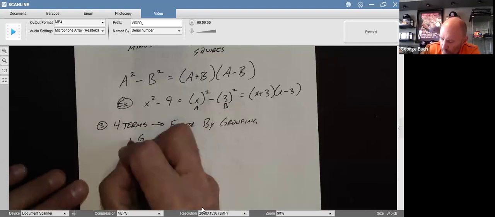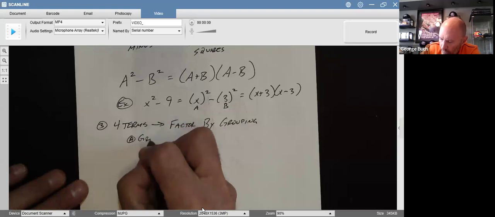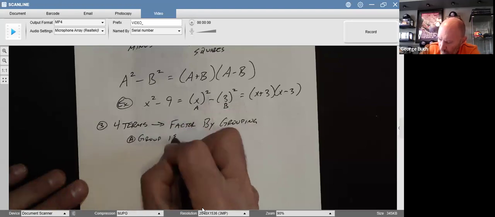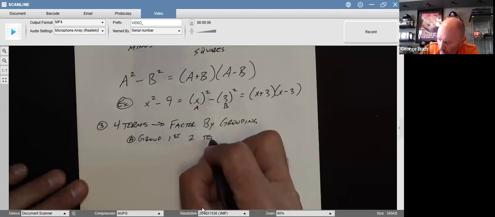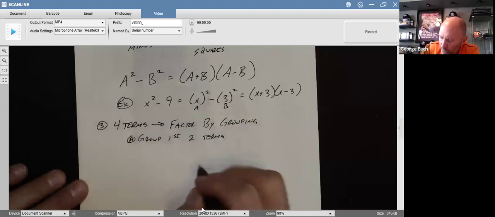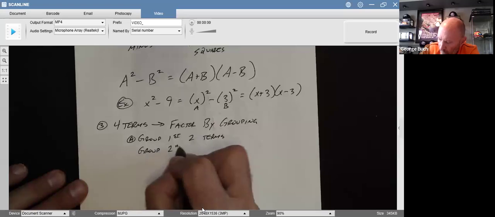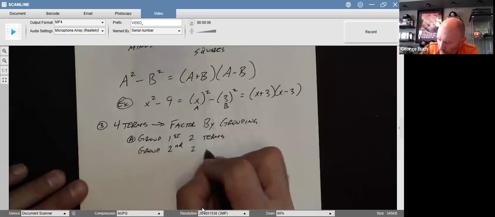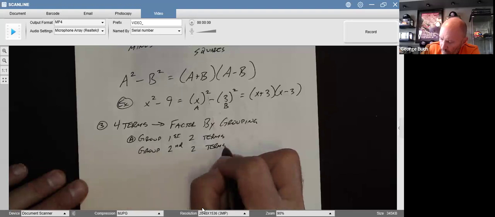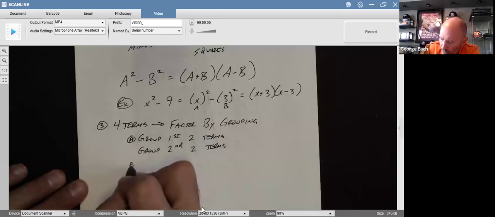So let's do A. Group the second two terms together. So I guess I should make that B.